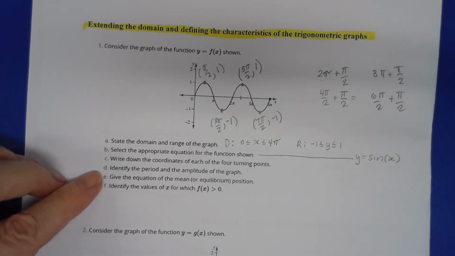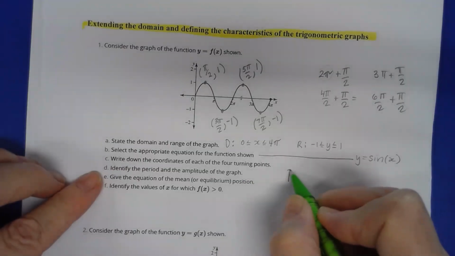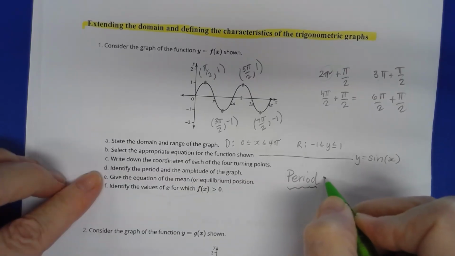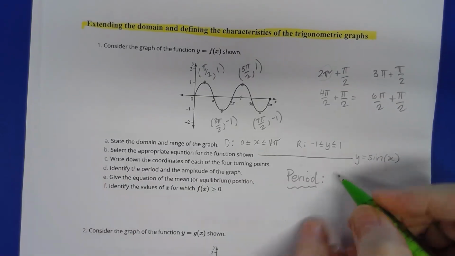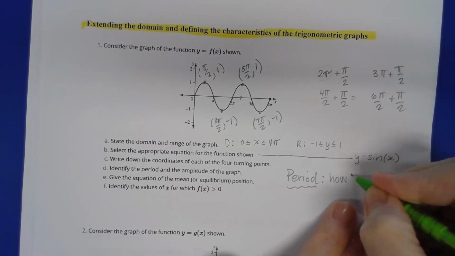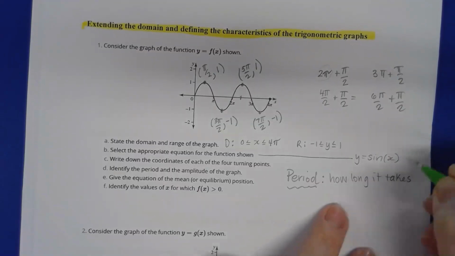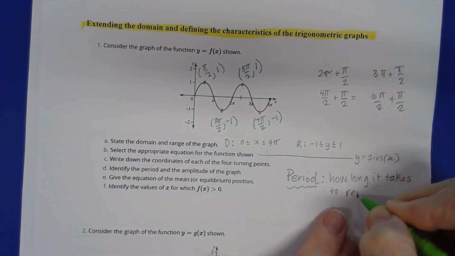Identify the period and the amplitude of the graph. Okay. So let's write down what period is. Period. We're going to have a formula for it, but for right now, it's how long it takes to repeat.